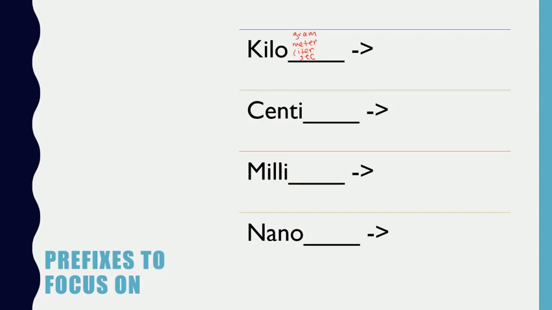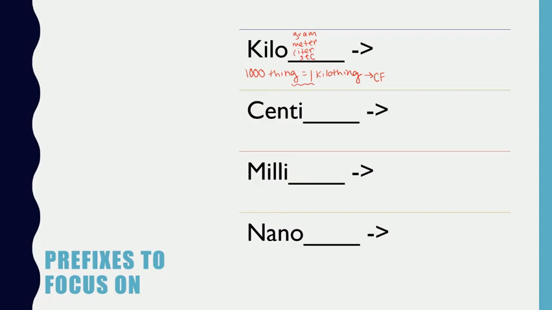The important thing that we need to know is that we are going to have 1,000 things, so 1,000 grams, 1,000 meters, 1,000 liters, or 1,000 seconds for every 1 kilo thing. That means if we have 1 kilometer, we have 1,000 meters. If we have a kilogram, we have 1,000 grams. Since we have this equality, 1,000 things is the same thing as 1 kilo thing, we can use this as a conversion factor in our dimensional analysis.